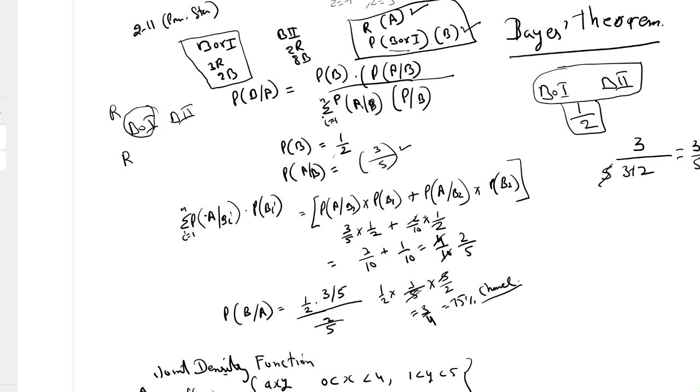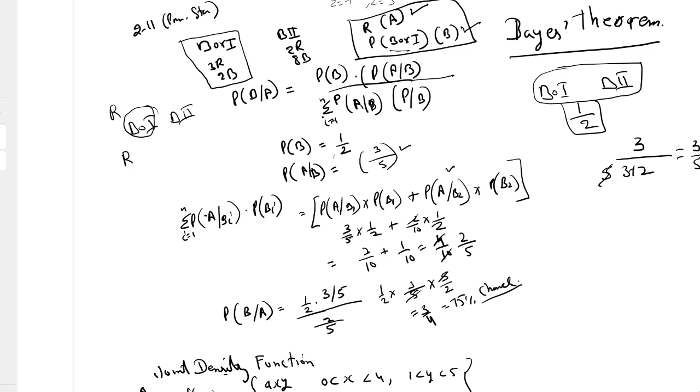First I'm writing out this, P(A|B1). It means the probability of picking a red ball from box 1 multiplied by the probability of picking box 1. The second one is the probability of picking a red ball from box 2, multiplied by the probability of picking from box 2.